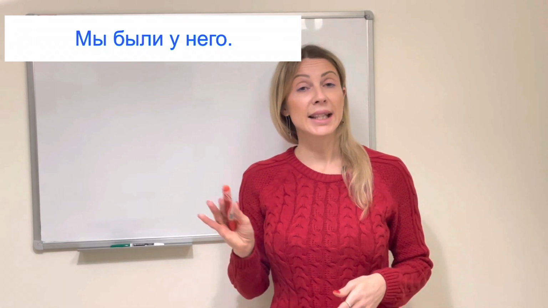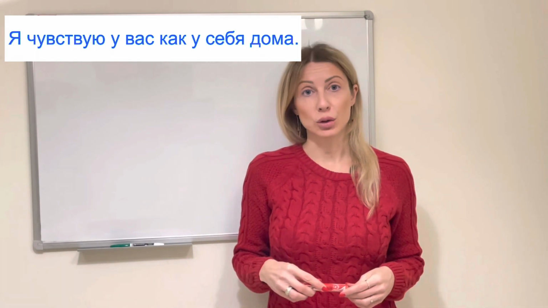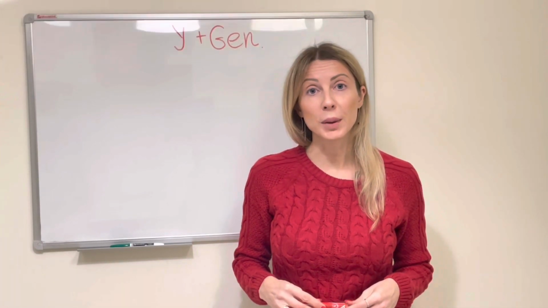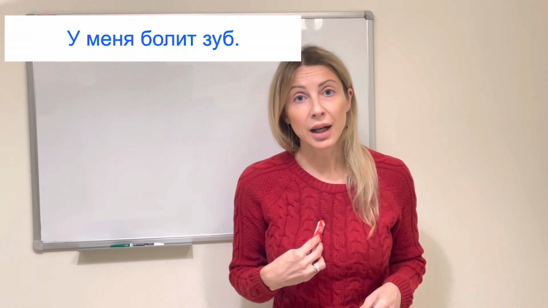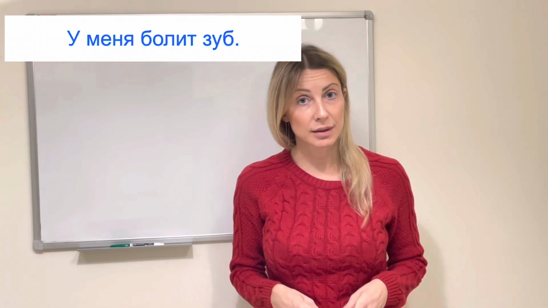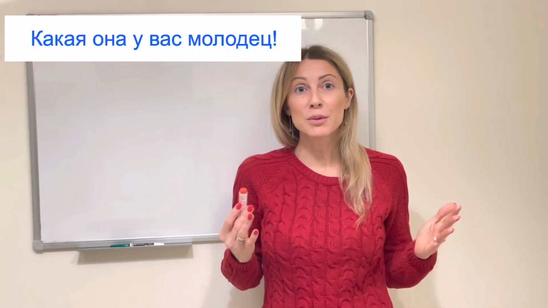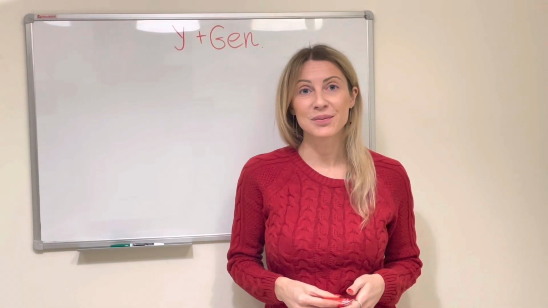We were at his place. Я чувствую у вас, как у себя дома. I feel at home at your place. У меня болит зуб. I have a toothache. Какая она у вас молодец. What a great job your girl is doing.